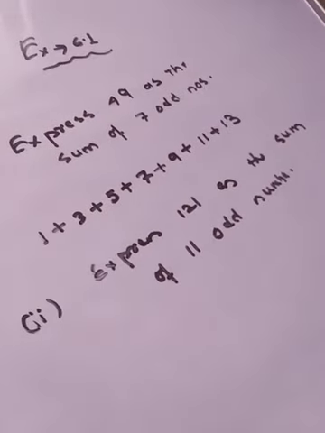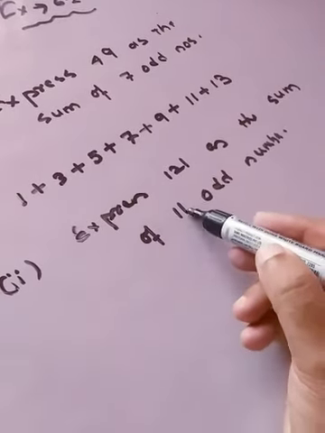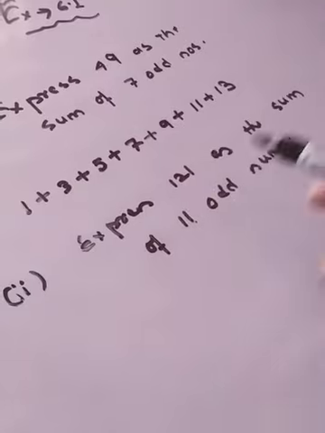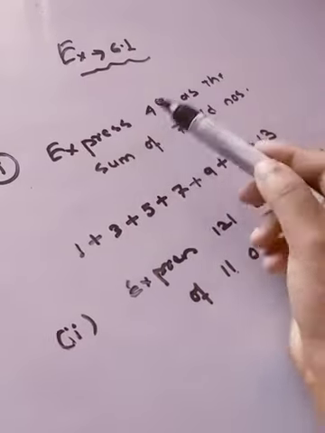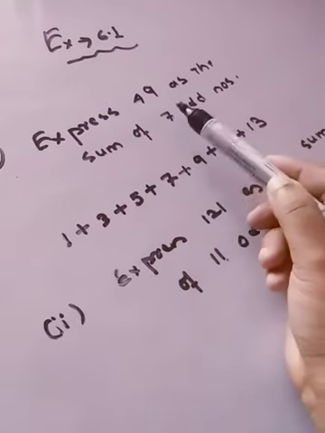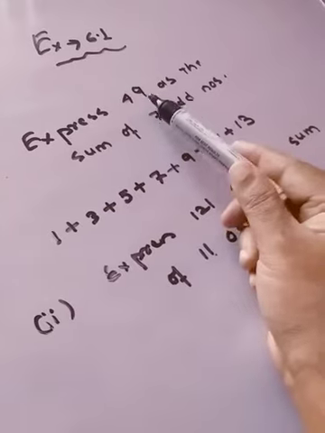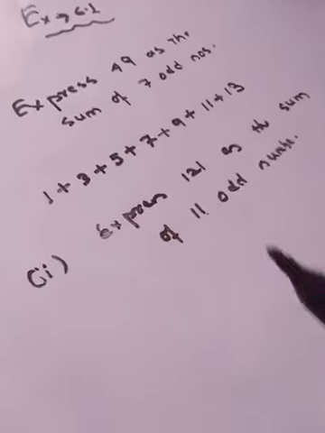Now we know that the square root of 121 is 11, because 11 into 11 is 121. So that is the reason they are asking to express 121 as a sum of 11 odd numbers. Previously, express 49 as a sum of 7 odd numbers, because the square of 7 is 49. Okay, so there is some logic playing out here.